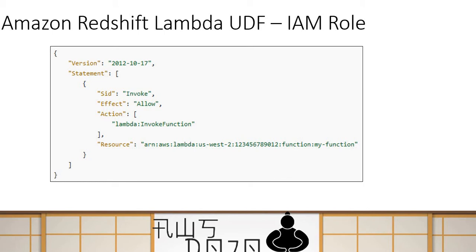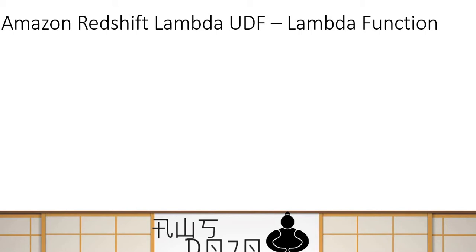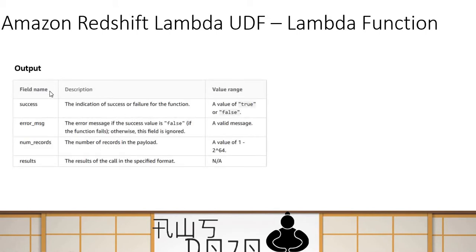Now the next component is what it takes to create the Lambda function. The creation of the Lambda function is actually the same as you create any other Lambda function. But when you give the result or output back, you have to take care of it in a certain format. Your output goes back as a dictionary, and this dictionary should have these 4 fields.